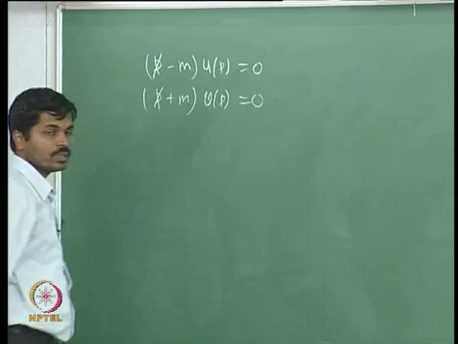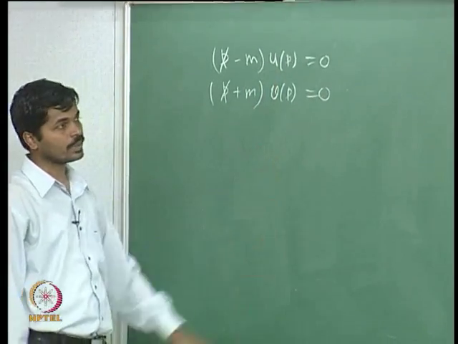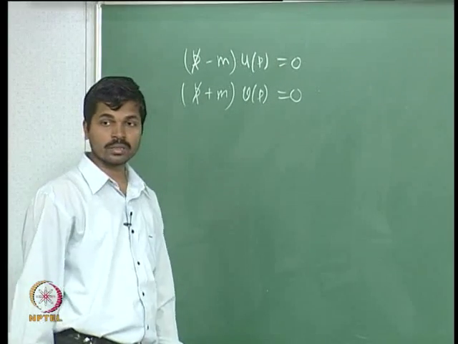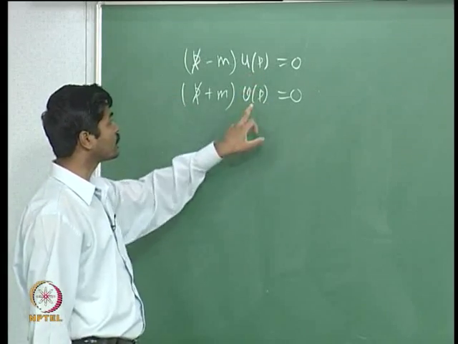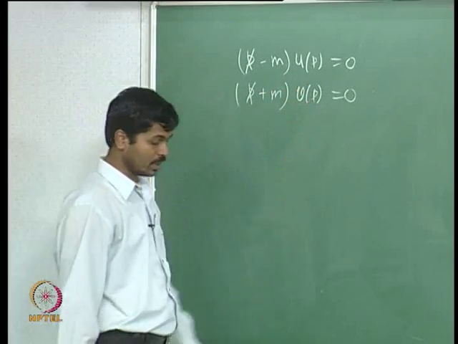These are the two equations obeyed by u of p and v of p, as we can see directly from the Dirac equation, or in other words, these are the Dirac equations for the spinors u of p and v of p. We want to solve these two equations.